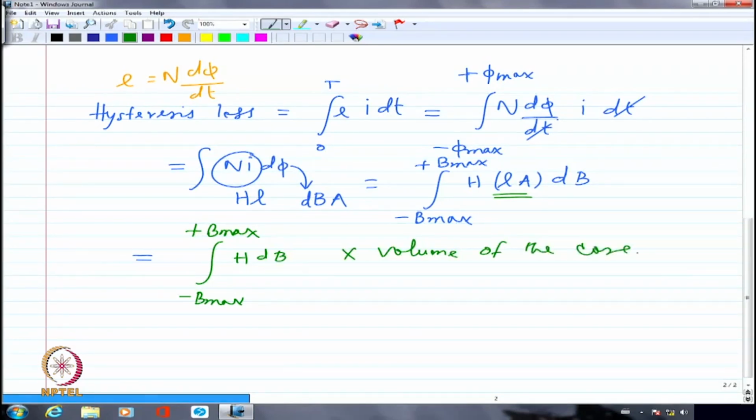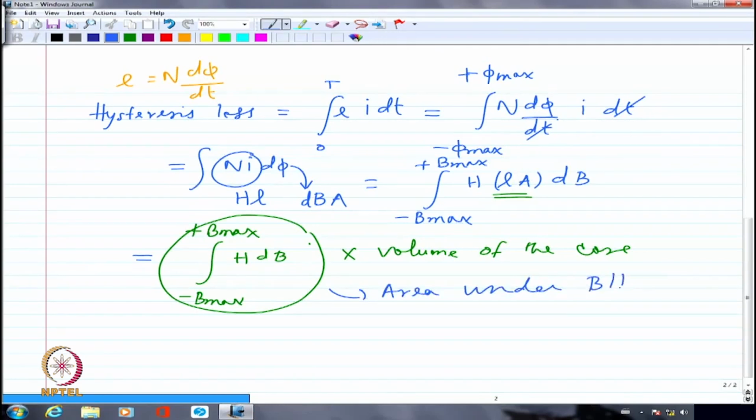So this integral of H dB is the area under the BH loop.